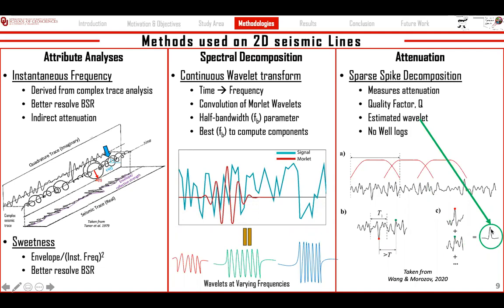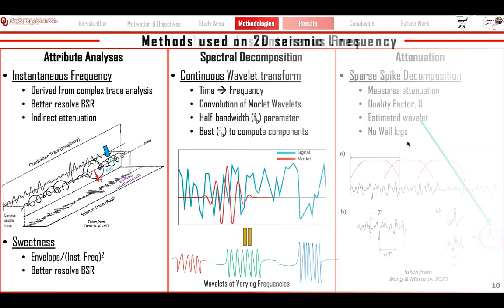Using this estimated wavelet, we can calculate the quality factor to measure the attenuation response directly. The benefit of this method is that it requires no well logs and usually uses only seismic data.